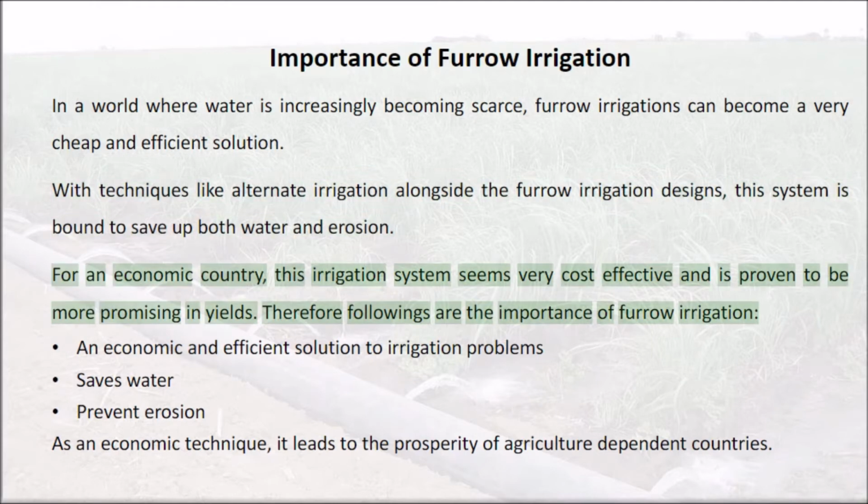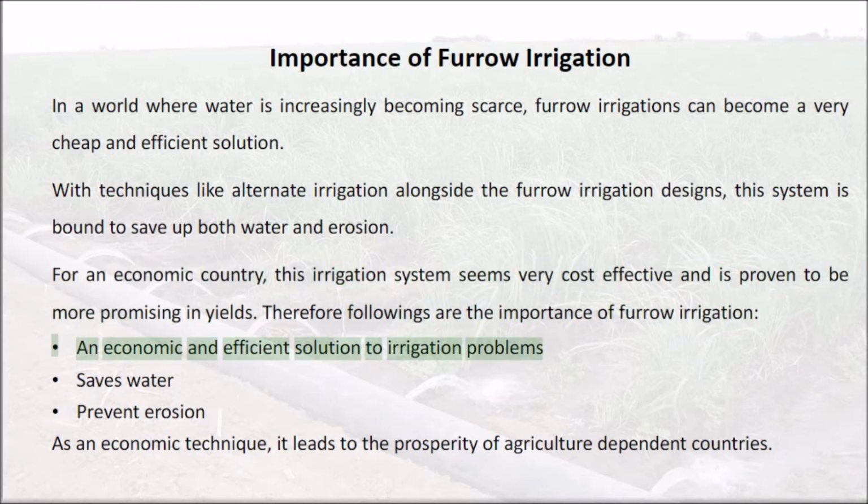For an economic country, this irrigation system seems very cost-effective and is proven to be more promising in yields. Therefore, the following are the importance of furrow irrigation. An economic and efficient solution to irrigation problems. Saves water.